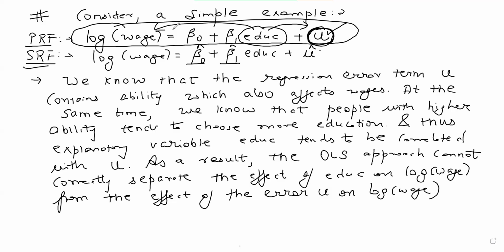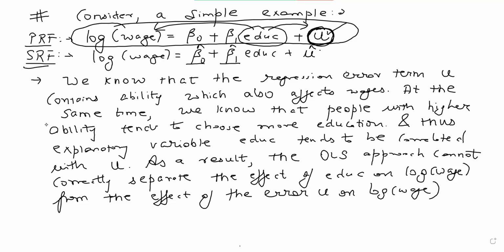If education and the disturbance term were not correlated, then the OLS procedure would have been absolutely fine, because the impact of education on log of wage would be completely different from the impact of u on log of wage. But now, since education and u themselves tend to be correlated with each other, OLS will not be able to distinguish the impact of education on log of wage from the impact of u on log of wage.